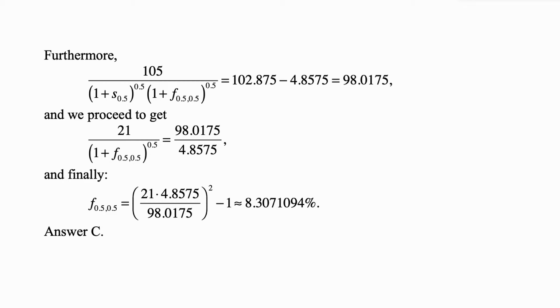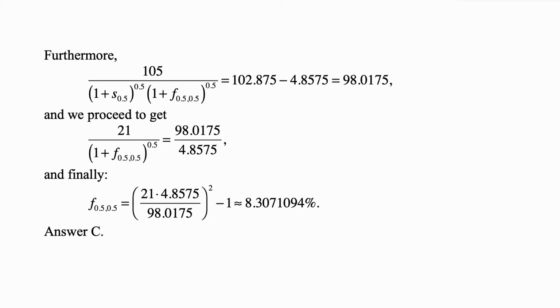Furthermore, 105 divided by (1 plus S.5) to the power 0.5 times (1 plus F.5,0.5) to the power 0.5, that has to be equal to 102.875 minus 4.8575, from the very first equation we set up for the one-year bond, and that turns out to be 98.0175.